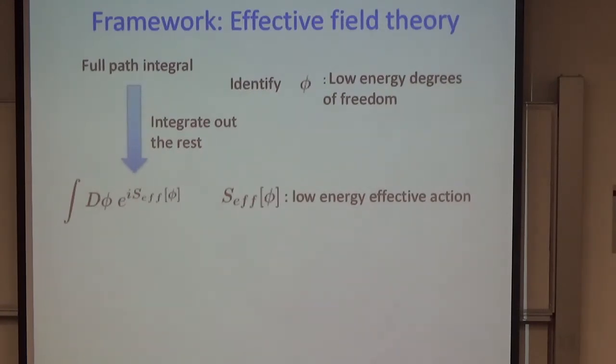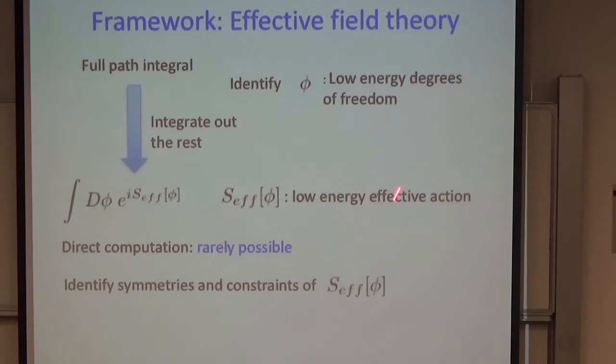But of course, this is easier said than done. It is almost always impossible, except for very simple systems. For general many-body systems, this is just not possible. So the general strategy developed in particle physics, in many fields, during the last half century, is that we actually don't need to do any direct computation of this path integral. What you can do is the following. Now you have identified the degrees of freedom.